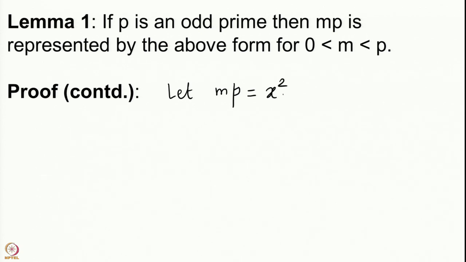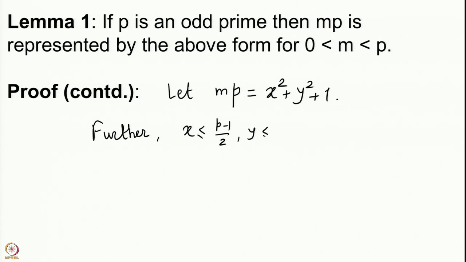Let us call this sum mp. Further, x is less than or equal to (p minus 1)/2, and y is less than or equal to (p minus 1)/2. So, in any case, x square is less than (p by 2) square, and y square is less than (p by 2) square.